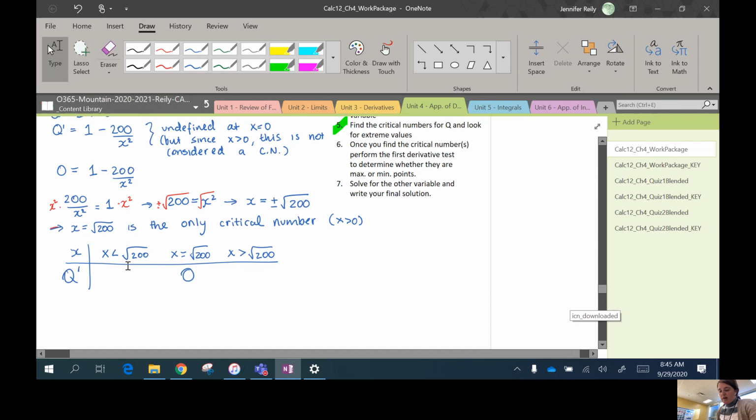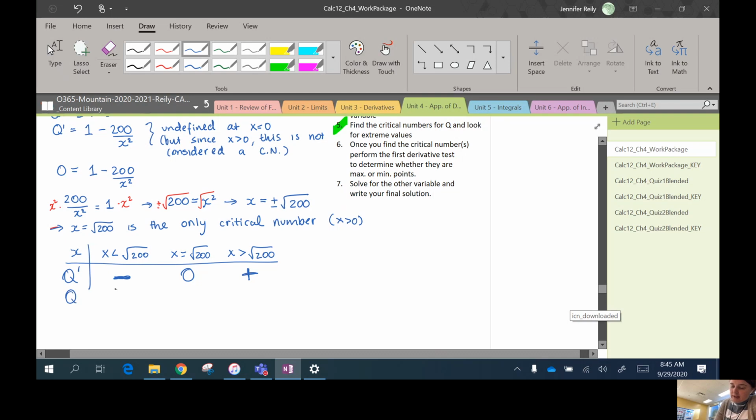So something less than root 200 is like, I don't know, 10. So 1 minus 200 over 10 squared is 1 minus 2, so it's negative. You can pick any number you want. And then a number greater than root 200, pick anything, and you'll see that the derivative is positive.